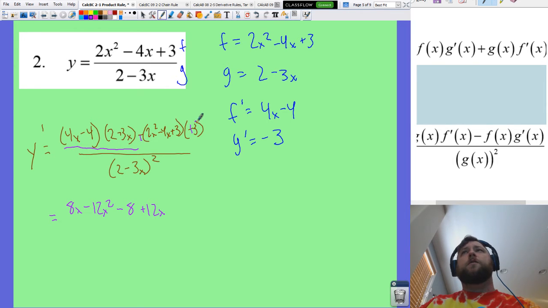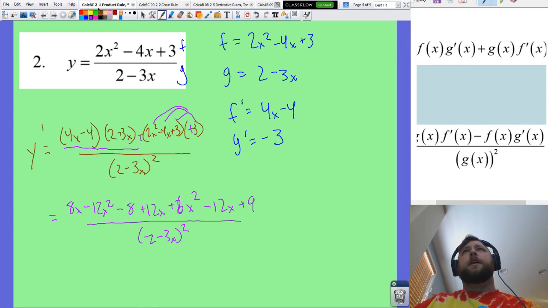So I'm going to distribute 3 to each of those. So it'll be plus 6x squared minus 12x plus 9 over the same thing, 2 minus 3x squared. And then if I combine things in the top just to clean it up, x squared is going to be negative 6x squared. 12x, negative 12x, these cancel out.